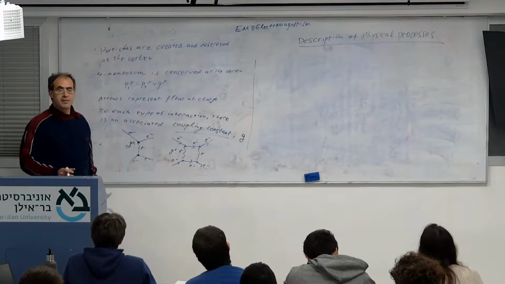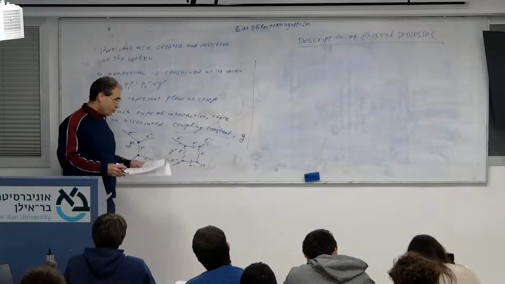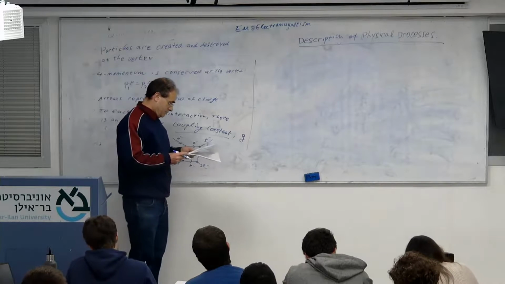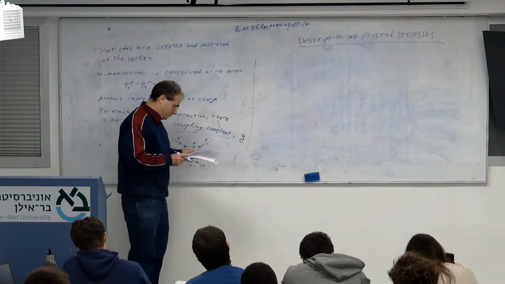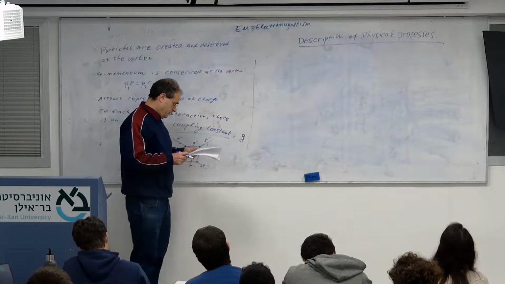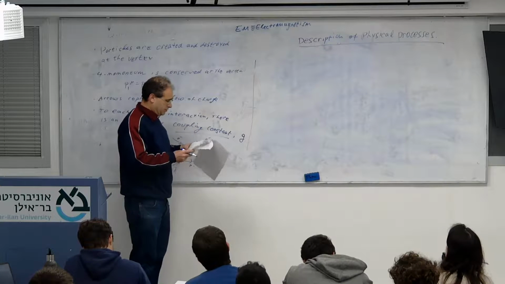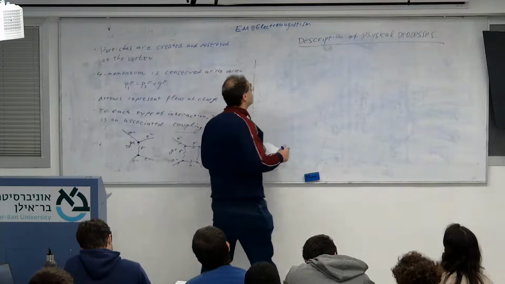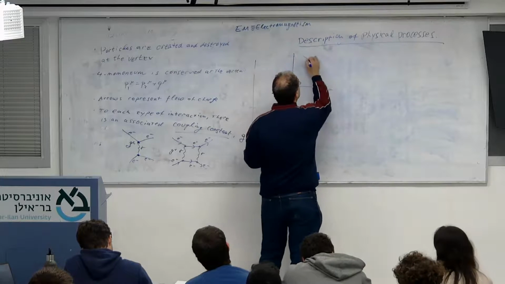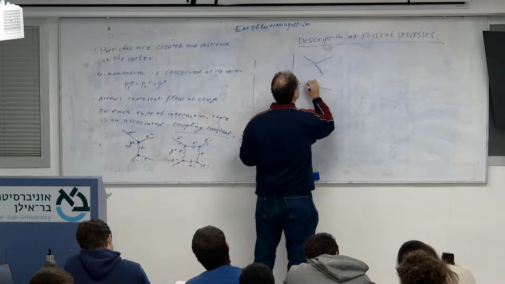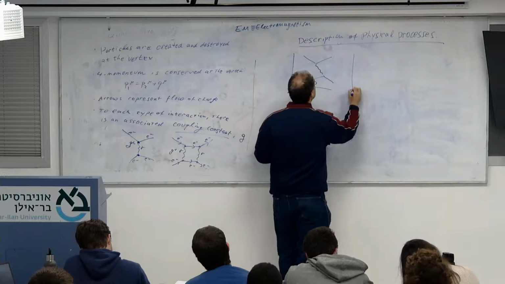The basic ingredient is a vertex, and the Feynman diagram is a simple collection of vertices. Right, so I basically already told you that if I want to describe interaction between two particles, this is 1, and this is 2.